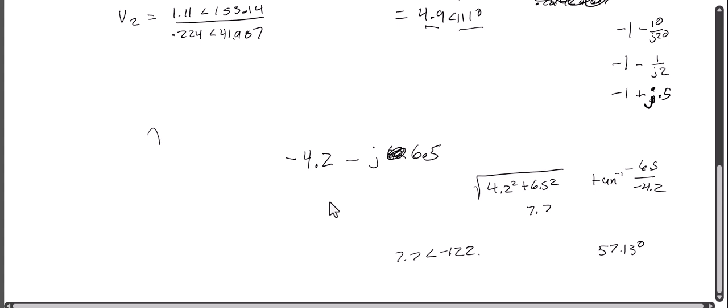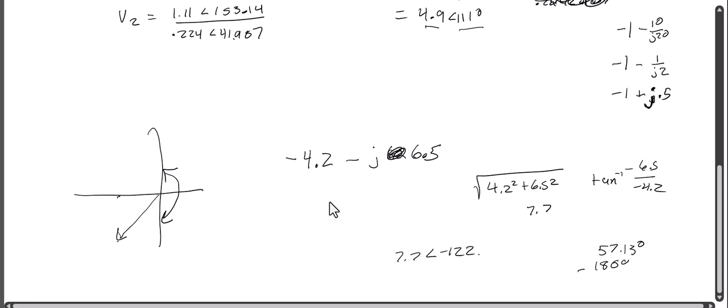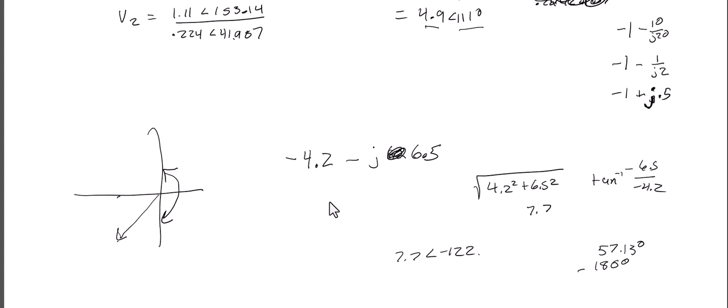The reason is that this number is negative 4.2 in the real axis, negative 6.5 in the imaginary axis, but inverse tangent only gives me angles between plus 90 and minus 90. So if it's in the third quadrant, I have to take the angle it gives me and subtract 180 degrees. If it's in the second quadrant, it will give me a negative number, and I have to add 180 degrees.